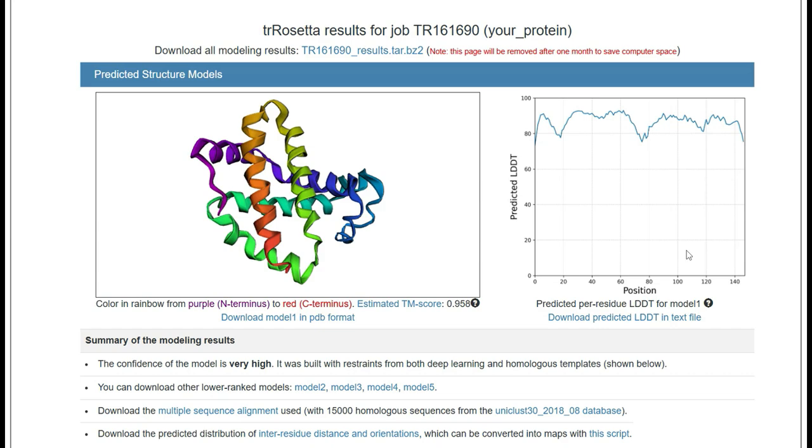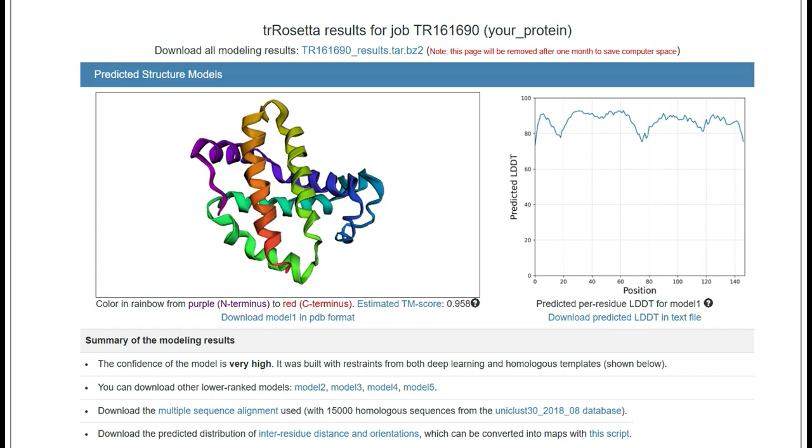Then this graph on the right plots predicted per residue LDDT scores against the protein structure position. The LDDT score evaluates the accuracy of each residue's position in the predicted model compared to a native structure, and its score ranges from 0 to 100.